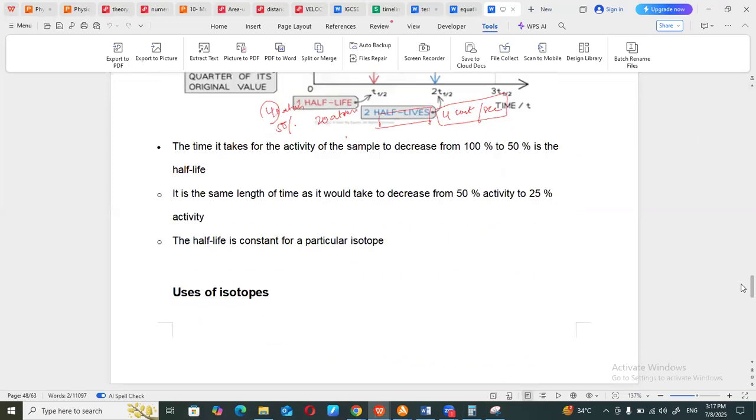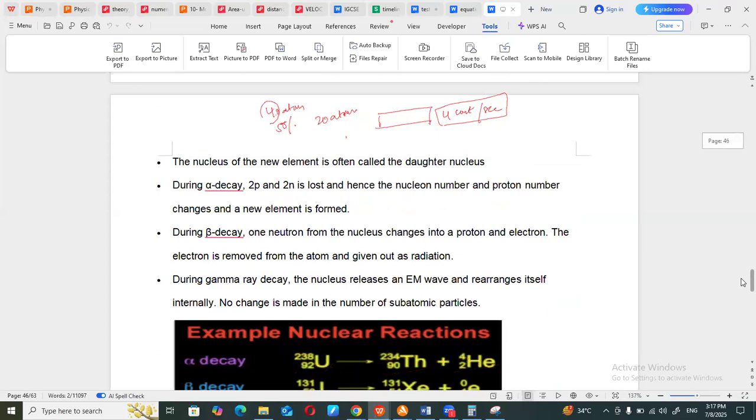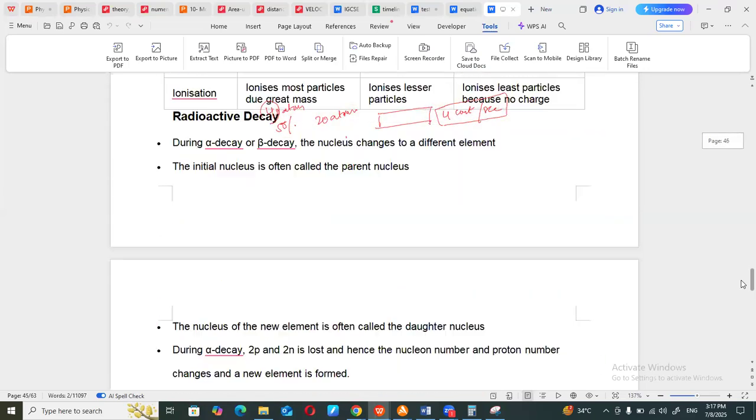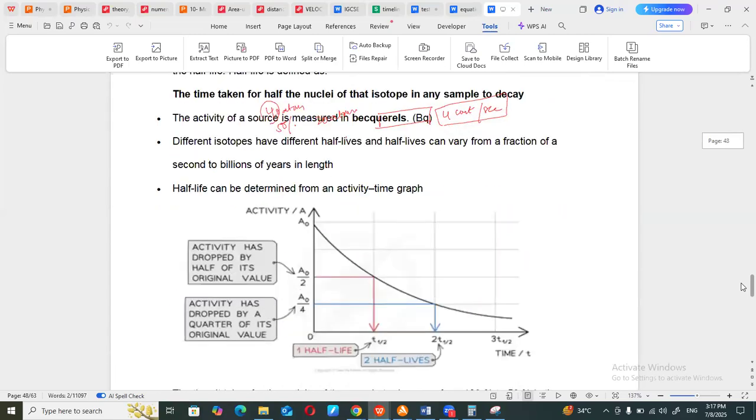The time it takes for the activity to decrease from 100% to 50% is also called the half-life. Quantity becomes half, activity becomes half, or half of the sample has decayed: that is called the half-life.